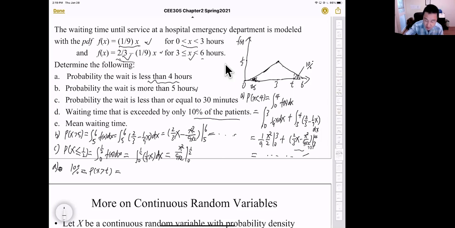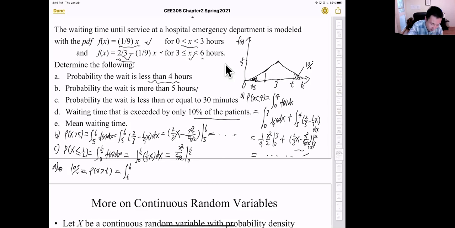Based on the shape of the curve, we know t will occur somewhere between 3 hours and 6 hours. Because the shape of the curve tells us 10% is somewhere between 3 and 6, it cannot be between 0 to 3. Otherwise, that area would be too large to equal 10%. So we know it will be between 3 to 6.